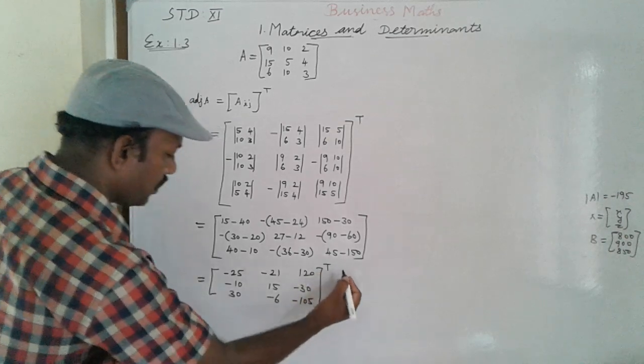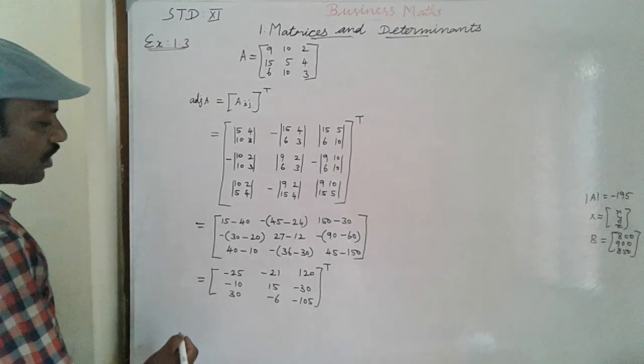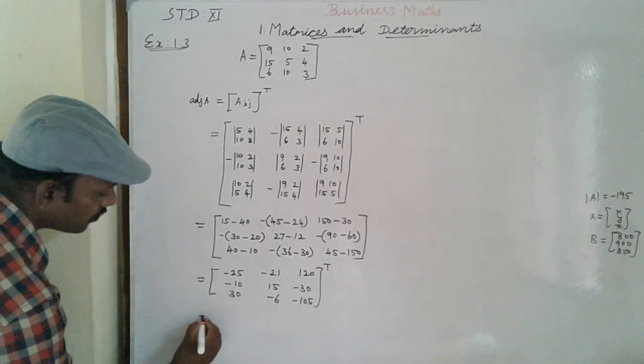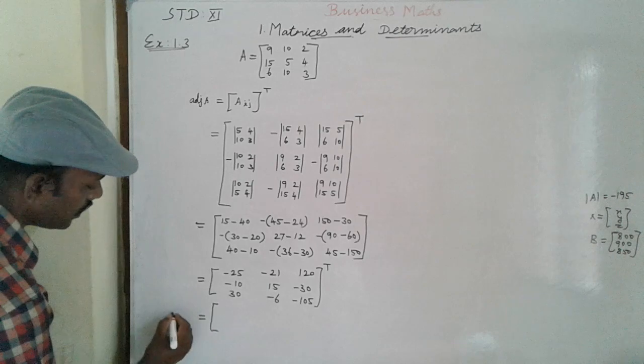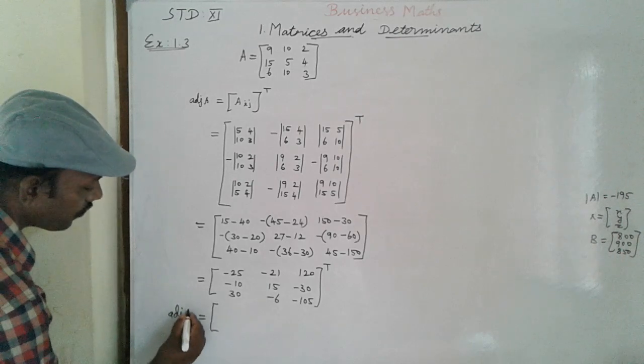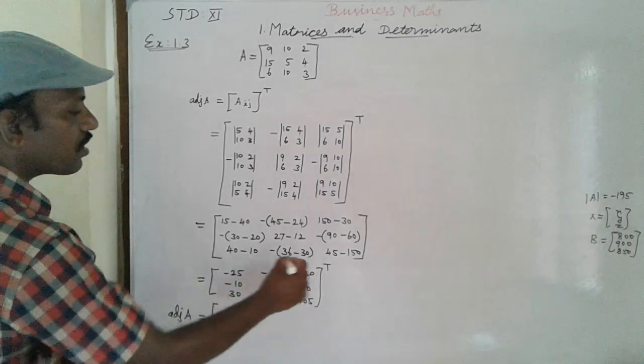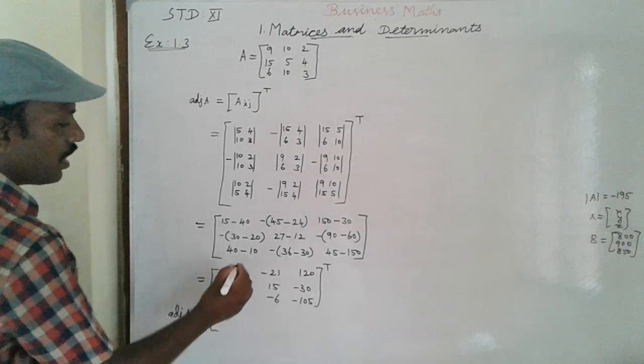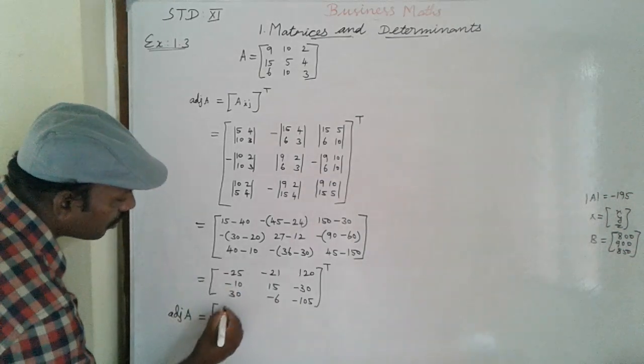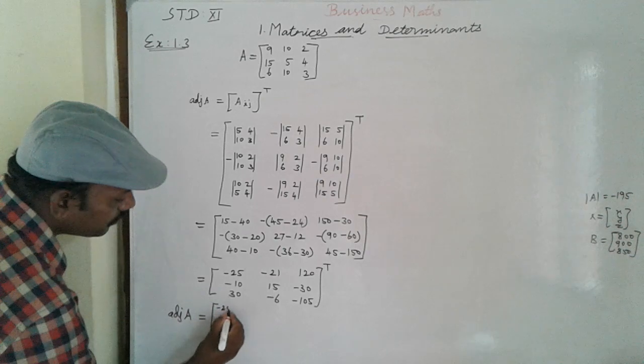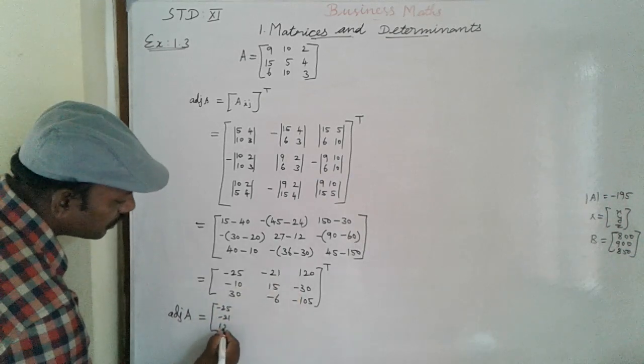So the transpose value we should find out; it is the adjoint A. Transpose means rows become columns and columns become rows. The first row is the first column: minus 25, minus 21, 120.